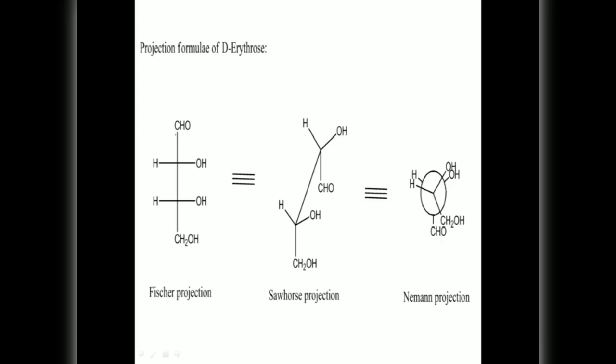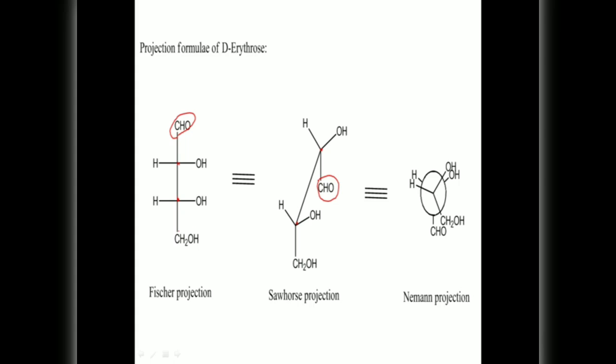Here in this case, the CHO is attached to the first chiral carbon, and this is the second chiral carbon in this molecule. Now generally in a Sawhorse projection formula, there is a tilted line along which the parent chain must be written. So here the CHO group is the first carbon of the compound, then the first chiral carbon, then the second chiral carbon, and here CH2OH is the terminal carbon.